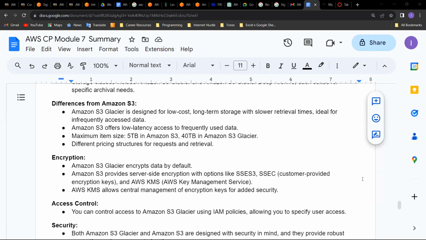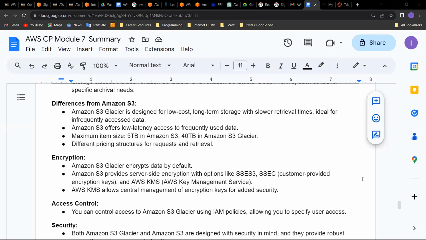And Glacier encrypts data by default. I think we had a question like that, two days ago. Yes, we had a question on that: if you want your data to be encrypted in Glacier, what should you do? There was an option that says encrypt your data before you put it in there.